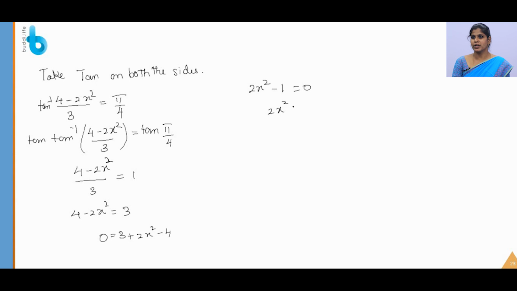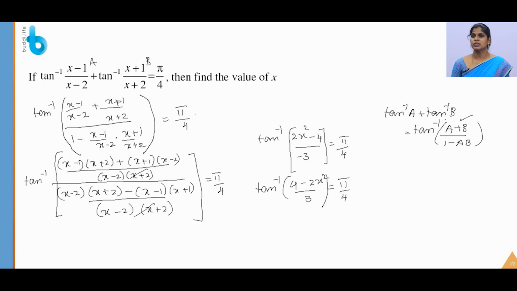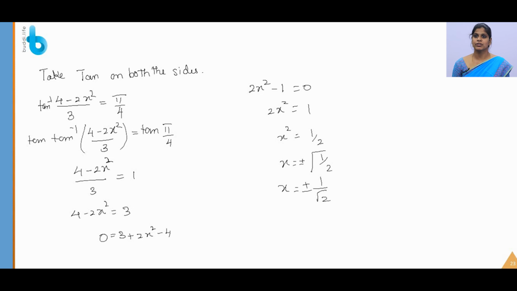So 2x square equal to 1, x square equal to 1 by 2, x equal to plus or minus square root of 1 by 2. So we will get x equal to plus or minus 1 by root 2. So what is our question? If this function exists, we have to find the value of x. Hence, we got the value of x, and that's all the problem.